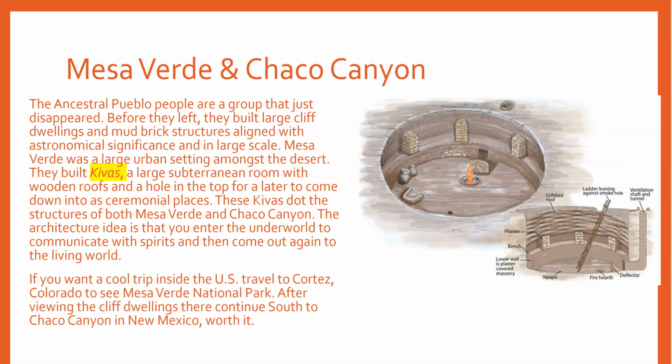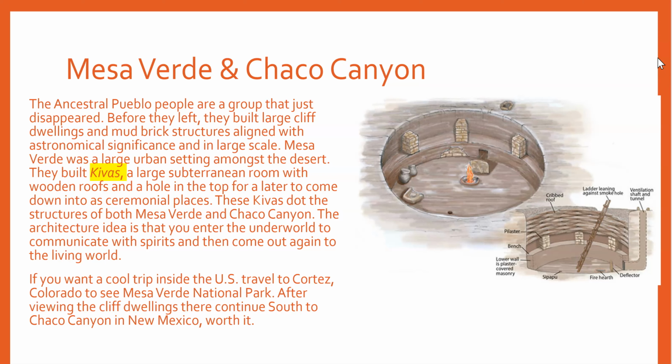Now, the most important thing to know is a structure called the kiva. A kiva is a pit in the earth, this circular pit right here that's cut down into the earth, carved away, and then it's covered over with a roof, and there's a hole in the top. Now, some kivas are very much like everyday life, and some are also used as a ceremonial meeting place.